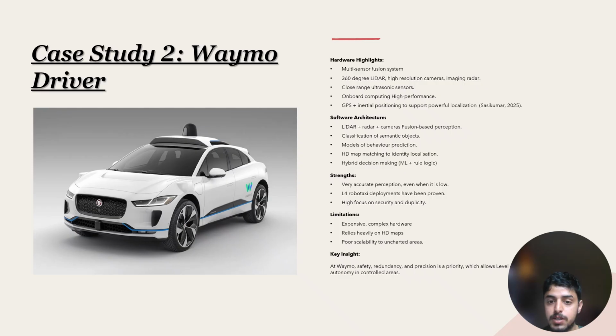Waymo has achieved level 4 autonomy and operate robotaxi service in the city like Phoenix and San Francisco. Its strength include the exceptional safety and reliability, but it depends on expensive hardware and HD mapping which make it difficult to scale to new location.